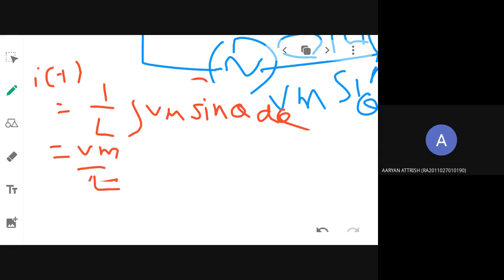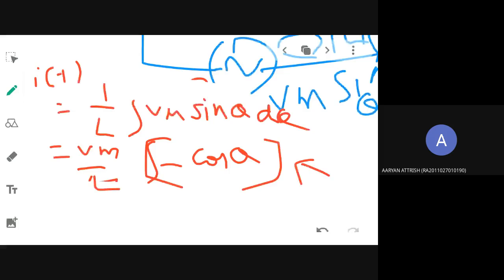Now how can I represent cos theta in terms of sine? What is sin of theta plus pi by 2? It is cos theta, so I can use that.